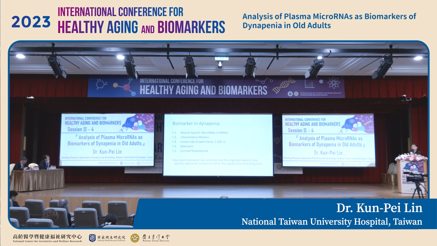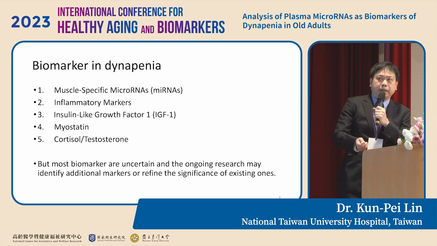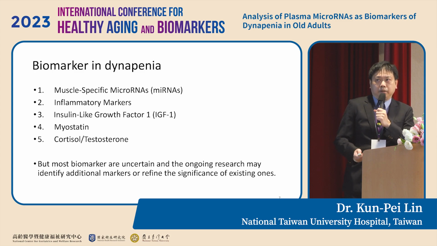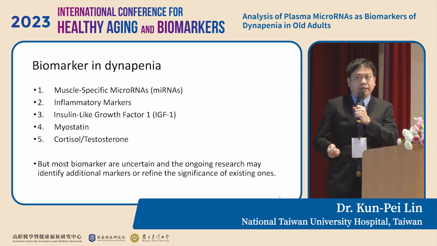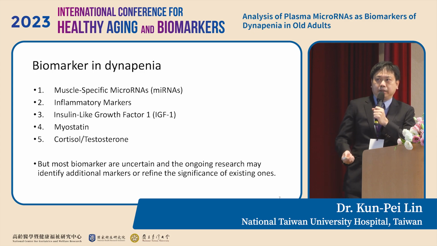Several biomarkers in Dynapenia have been described. The most described biomarker is microRNA, specifically muscle-specific microRNA. Some inflammation markers have been demonstrated in previous studies, such as CRP or ESR.